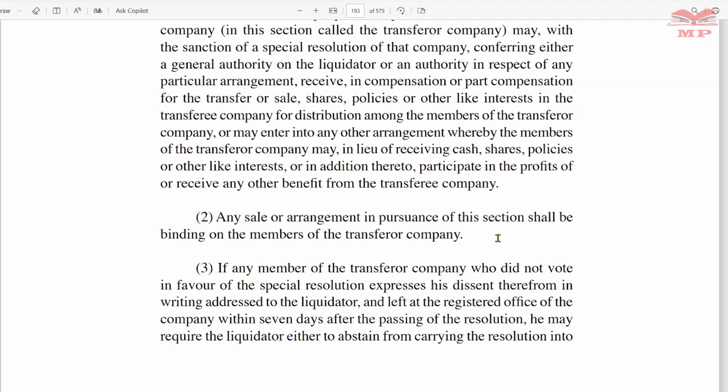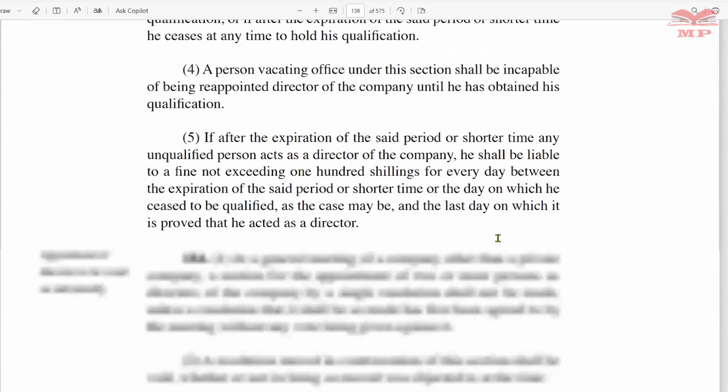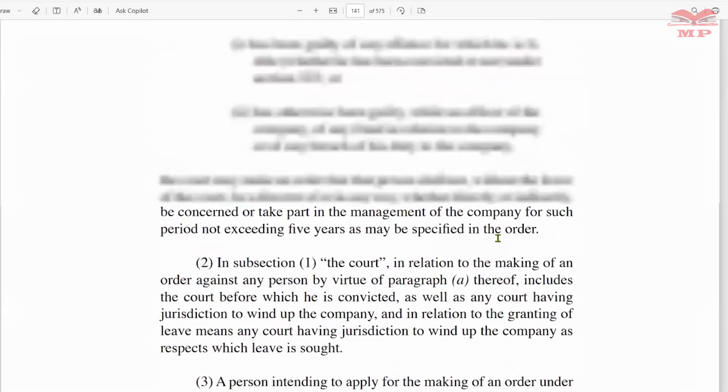Again, it talks about voting, and Section 201 is what we had talked about.